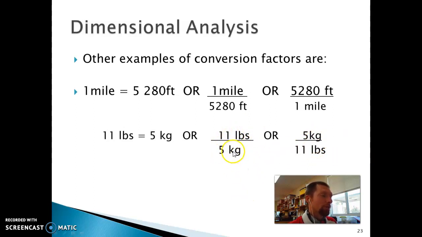Like this one would be for going from kilograms to pounds. This one would be going from pounds to kilograms. And if you had like 15 pounds and you want to convert to kilograms, then you would basically multiply by 5 and divide by 11, and that would give you your answer in kilograms.